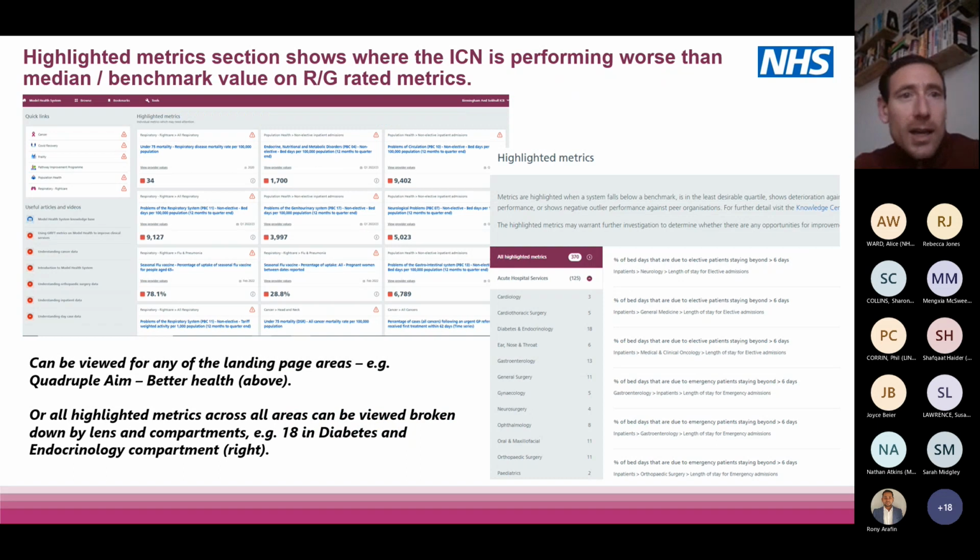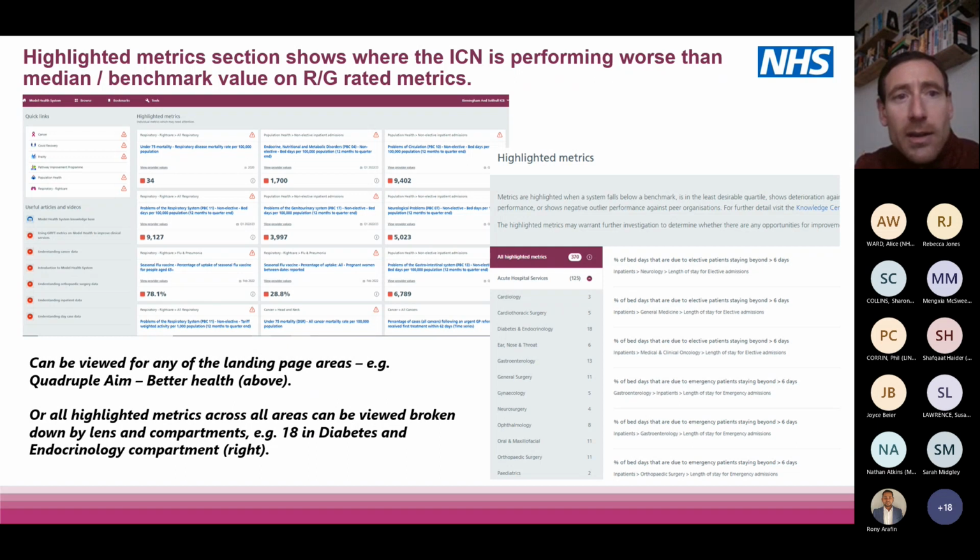Okay, highlighted metrics is another way in. What this is doing is pulling together all the metrics where a system is being shown as RAG rated. ICN in the title there should be ICB, but performing worse. Generally these are set as the national median, but there are some that are set at a specific benchmark value based on relevant clinical levels.